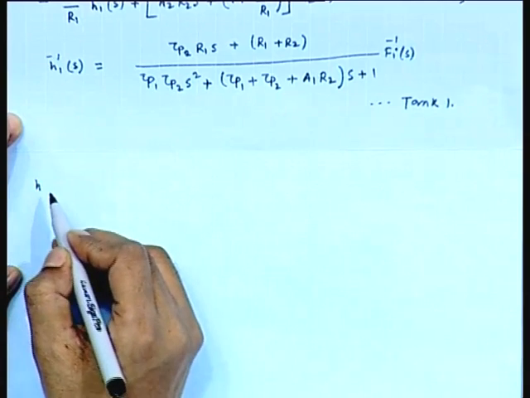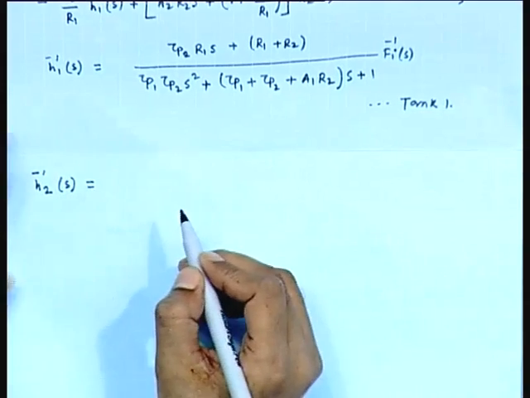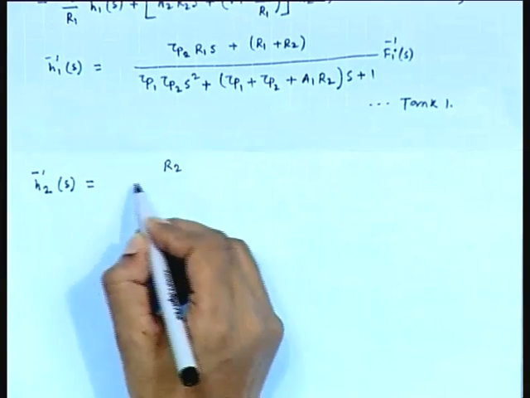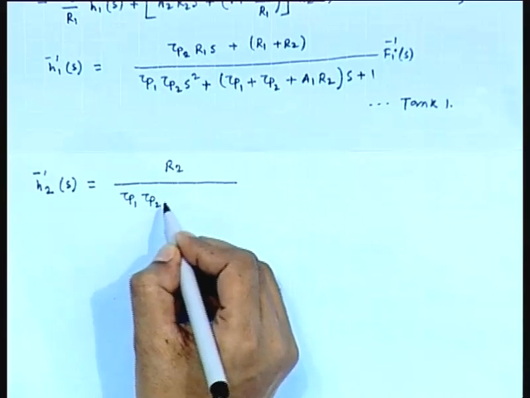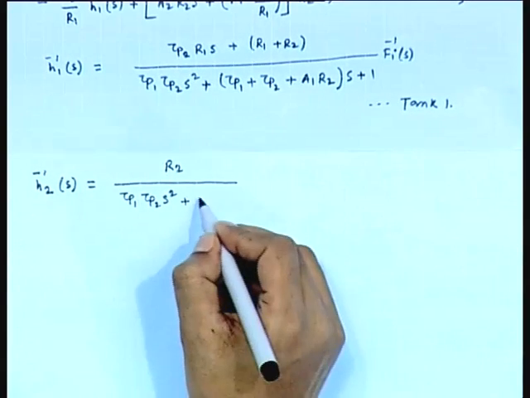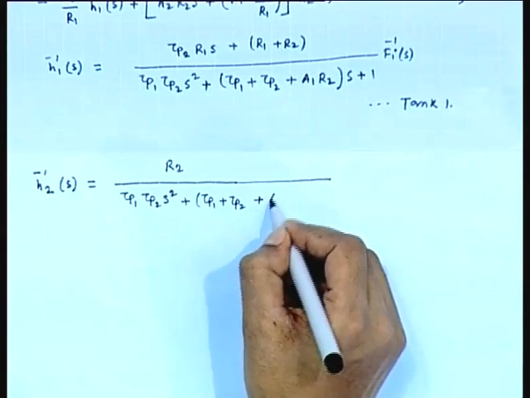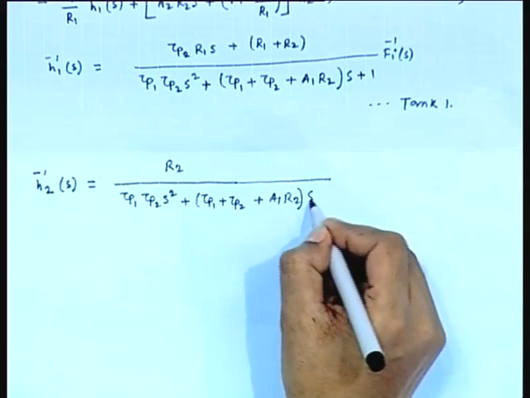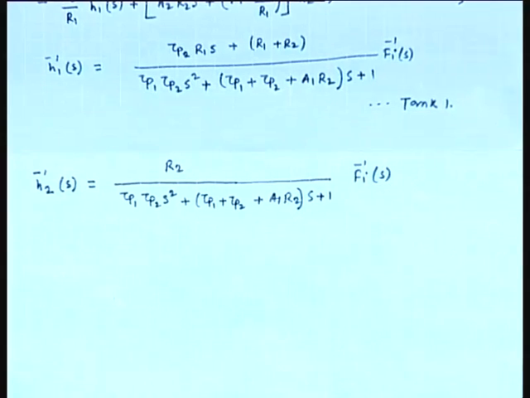Similarly, for tank 2, we obtain the transfer function as H2 bar prime S equals R2 divided by tau P1 tau P2 S square plus tau P1 plus tau P2 plus A1 R2 S plus 1 Fi bar prime S. This is the transfer function with respect to H2.